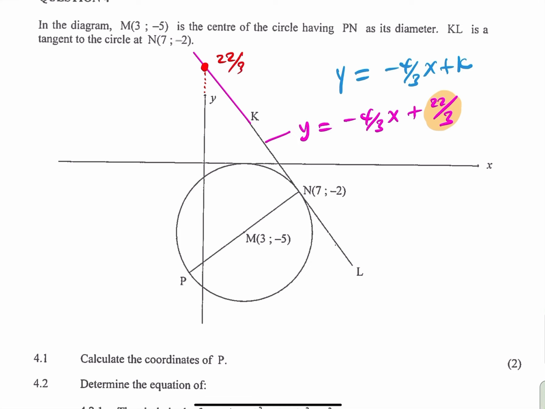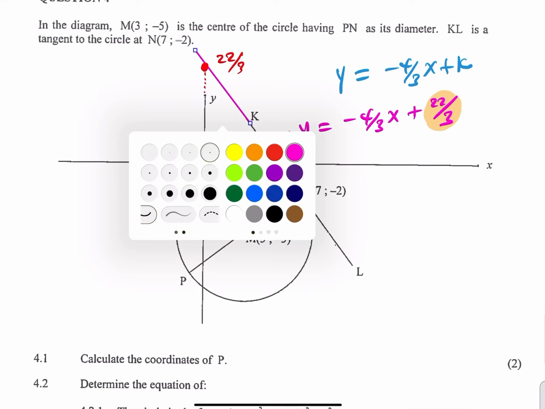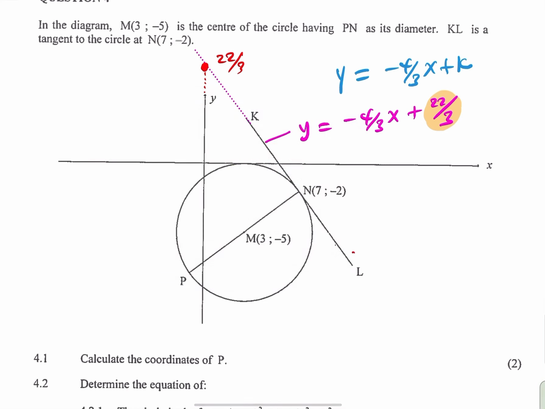But now, check something. I want to draw another line here. This line should have the same gradient as this one. Let me make it a straight line carefully. I just want to be as accurate as possible. Let me also show that I'm extending that line.